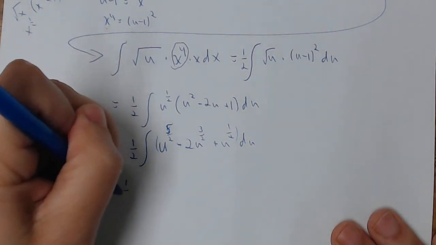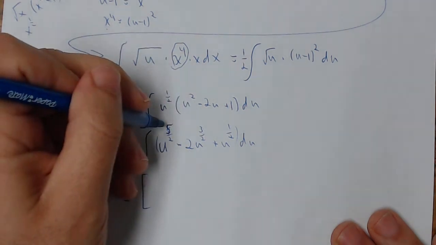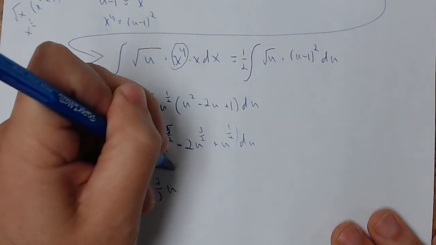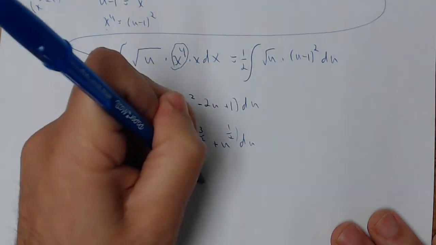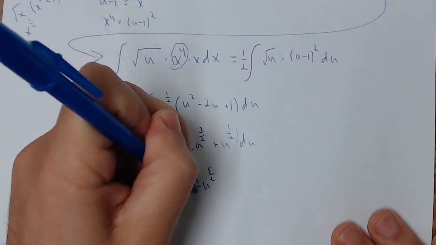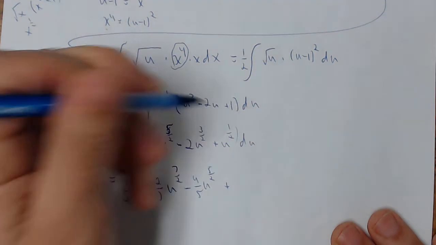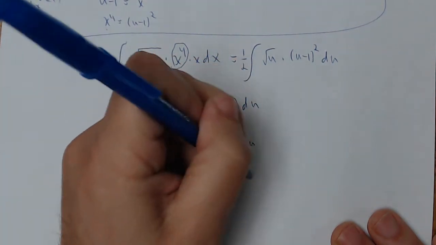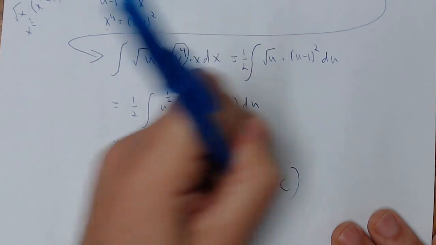So this becomes 1/2 times, what's the antiderivative of u to the 5/2? That's going to be 2/7 u to the 7/2, minus the antiderivative of u to the 3/2, which will be what? u to the 5/2, and this would be 4/5. And then plus the antiderivative of u to the 1/2, which would be 2/3 u to the 3/2, plus a constant.